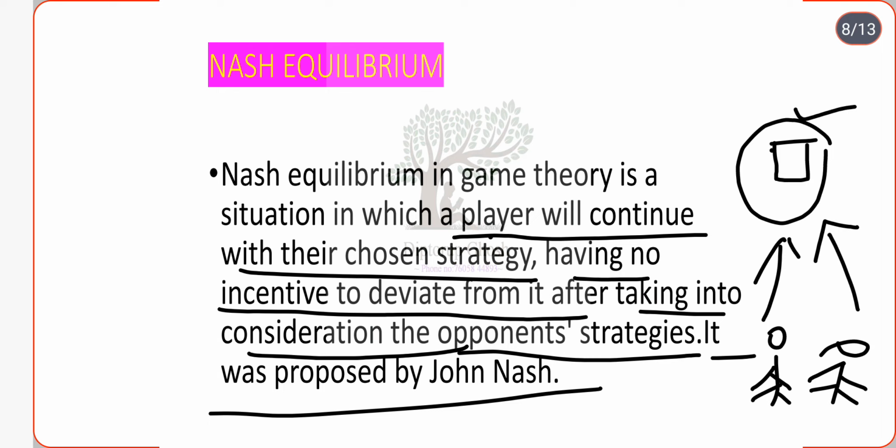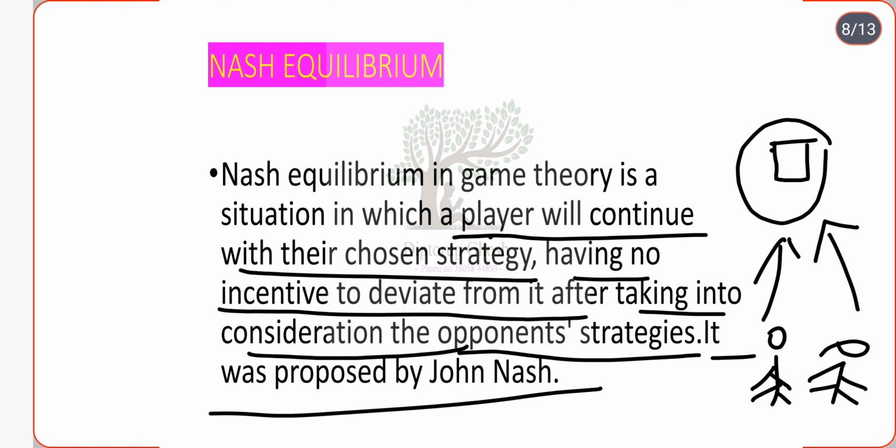They will choose the Nash equilibrium only, and they will not deviate from it because there is no incentive in it. If they deviate from the Nash equilibrium, they will not find a better outcome. That is why they will not deviate from it.